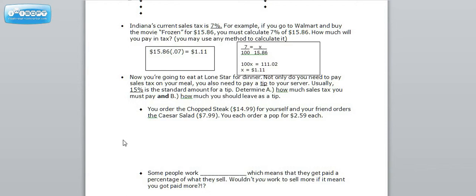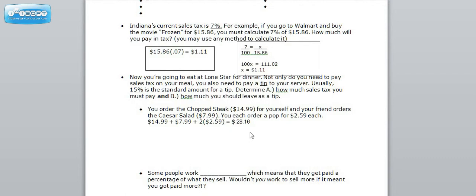So the first thing you need to calculate is how much you've spent in food. So you simply need to add up the 3. So I add up $14.99 plus $7.99 plus, and I'm doubling the $2.59 because you each had soda. So you spent a total of $28.16 for just your meal.